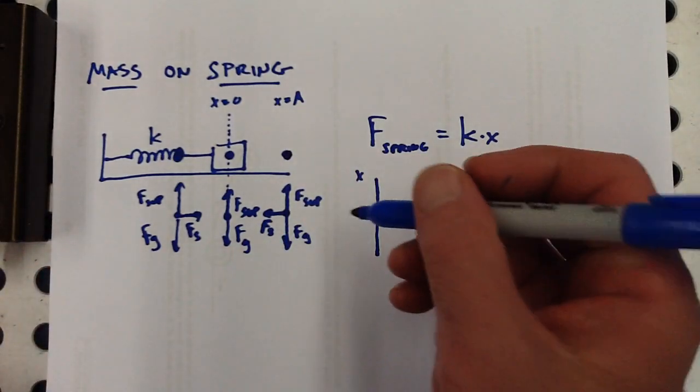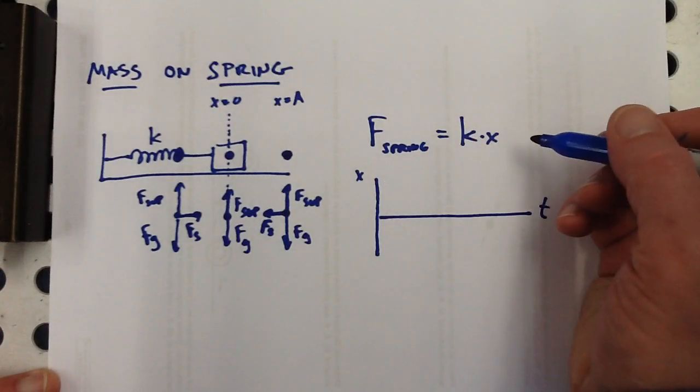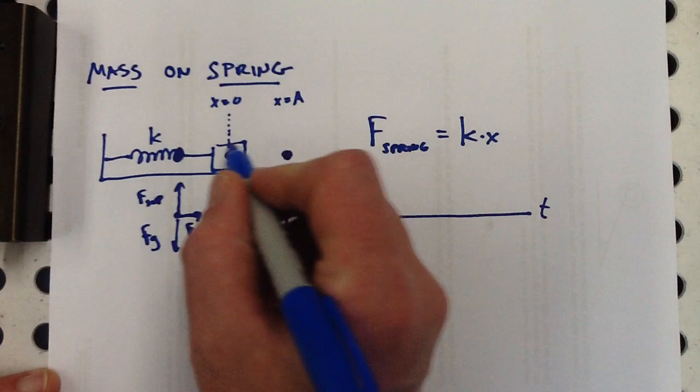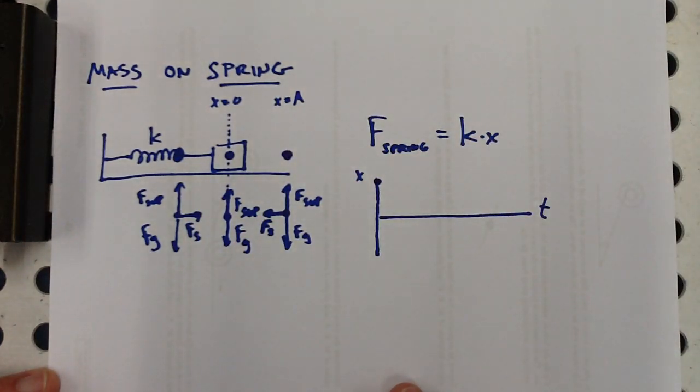So if you think about what you know about sine and cosine and the shapes of those graphs, which one of those, sine, cosine, or negative cosine, would be the right one? Let you think about that for a second. And if at time 0 we started at that maximum position, it's going to start here, so that would be a cosine graph, right?